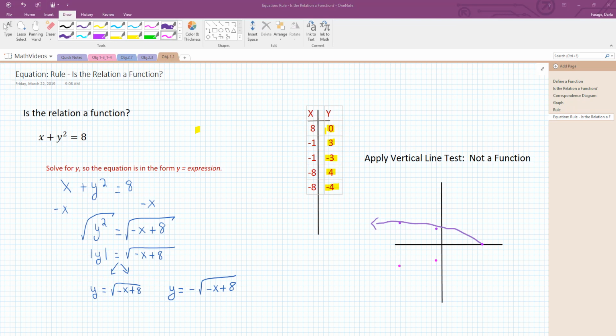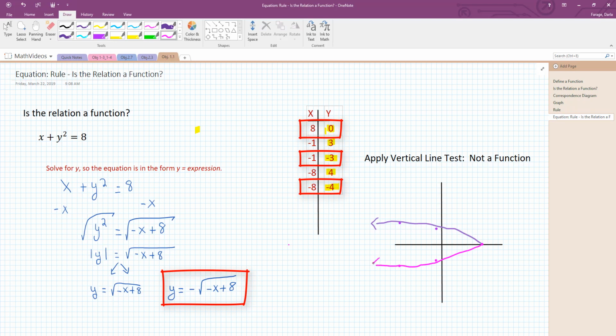And if we were to graph y equals the negative square root of negative x plus 8, we'd have that point (8, 0) in common, but no other points would be in common. You'd get the second part of the graph down here, which is kind of mirror imaged on the negative half of the y's.